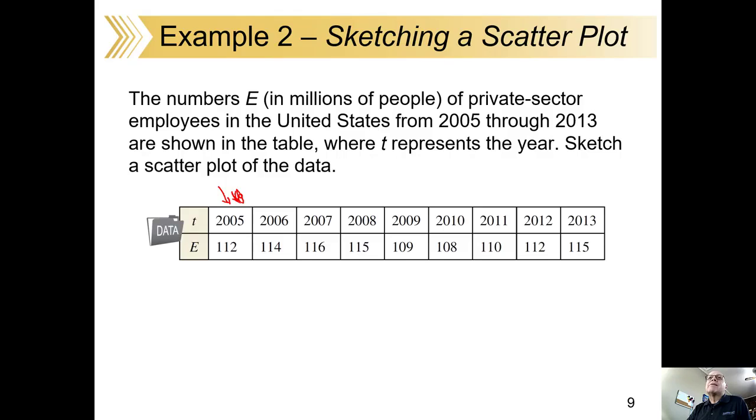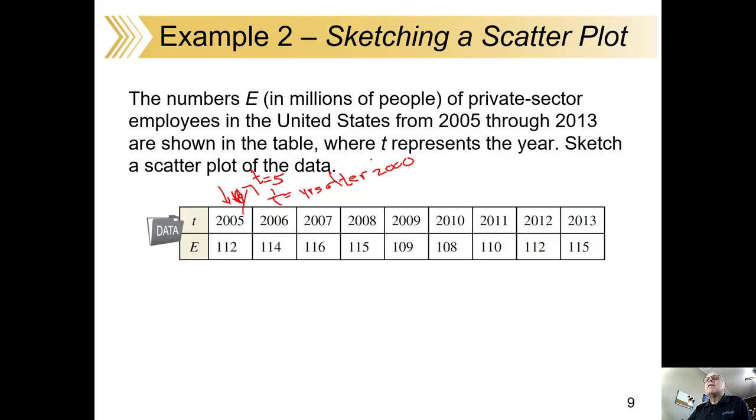So one possibility is instead of letting x, or t, be 2005, you might just let t be a 5, where t equals the years after 2000.